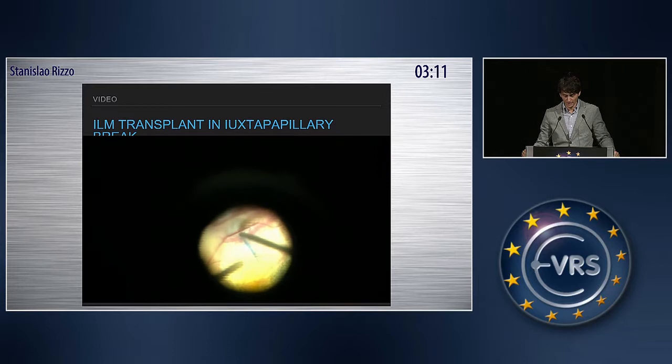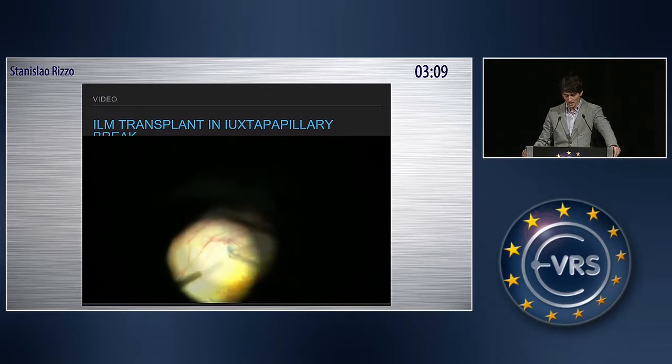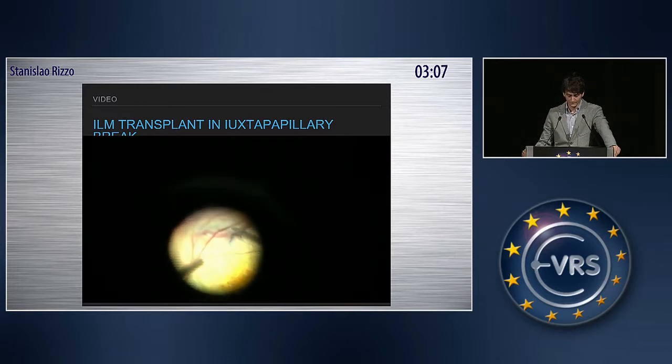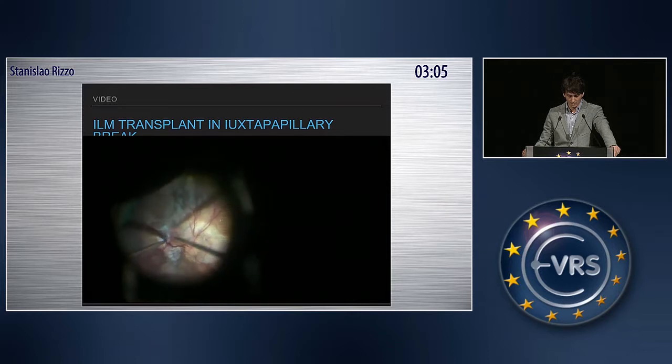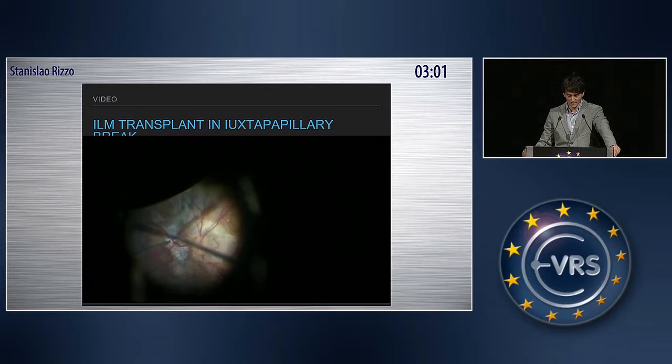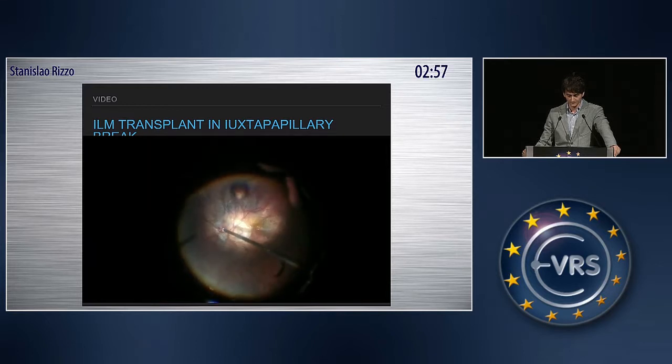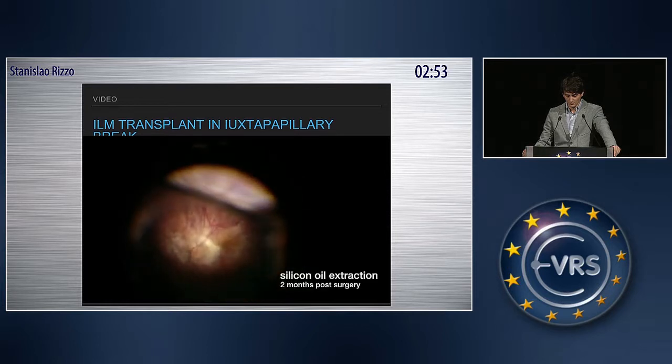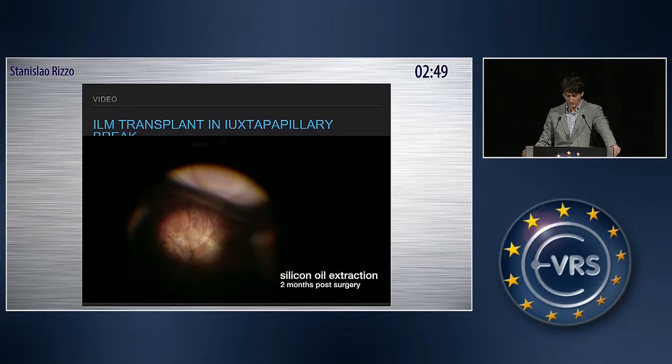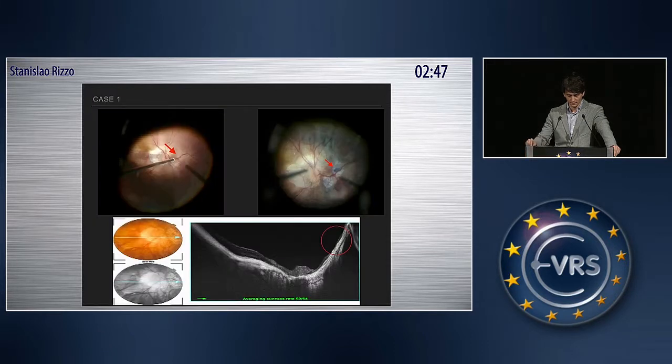This is the plug of ILM that we harvest not in the macula, and we put inside the paravascular breaks under the PFCL. This is the time of the silicone oil extraction. As you see, a complete retinal detachment resolution.